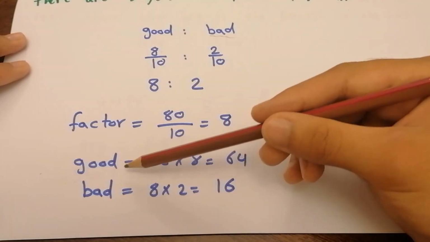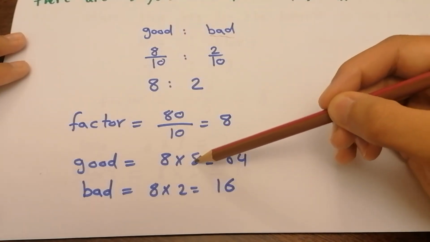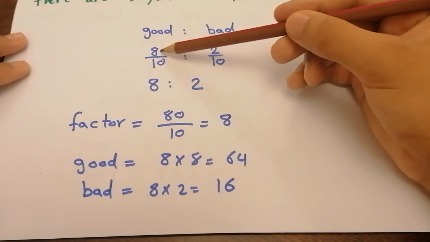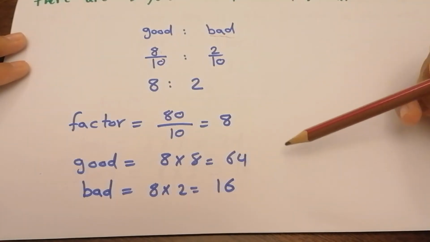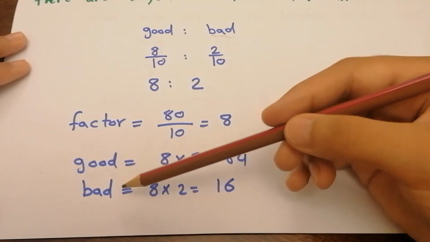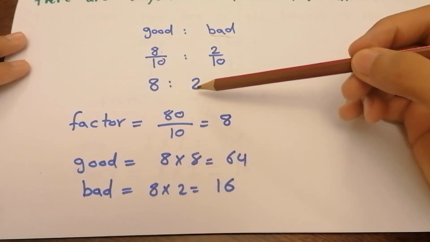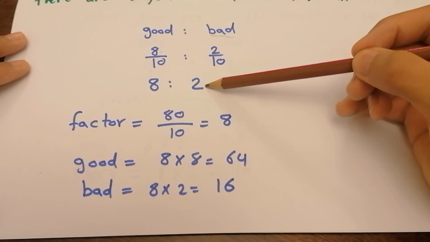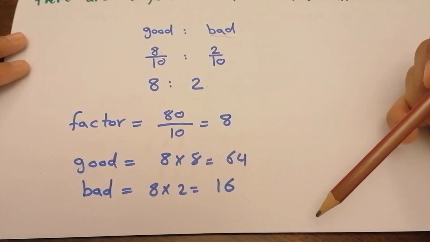The total real number of good apples is 8, which is a factor, multiplied by 8, which is the number of good apples in each group, which is equivalent to 64. And to find out the number of bad apples, we're going to take 8 multiplied by 2, which is what we know as the bad apples of each group, which gives us a total of 16 bad apples in the whole box.